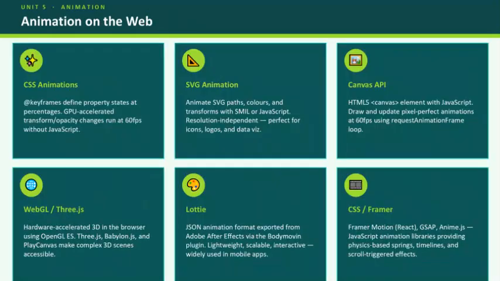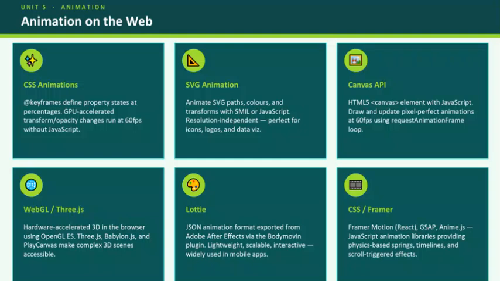Web animations use technologies like CSS, SVG, and HTML5 canvas to bring motion and interactivity to web pages, making digital experiences more engaging and dynamic. CSS animations are commonly used for transitions, effects, and UI interactions due to their simplicity and efficiency.